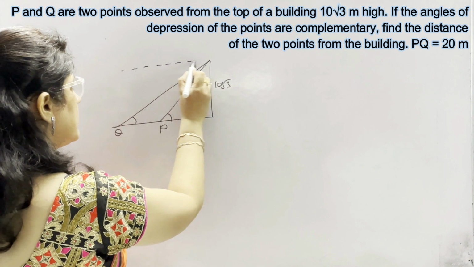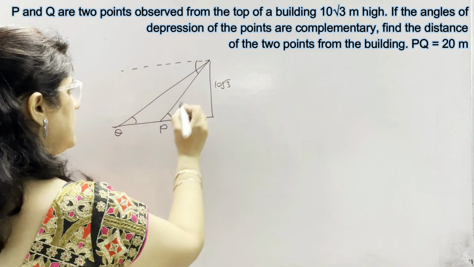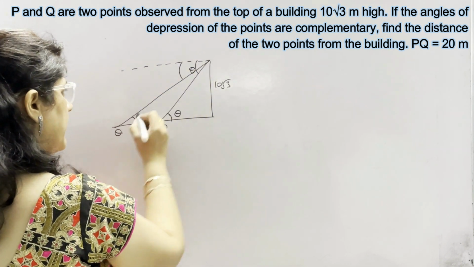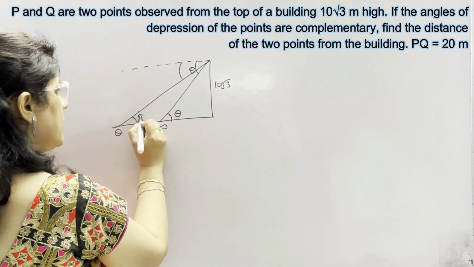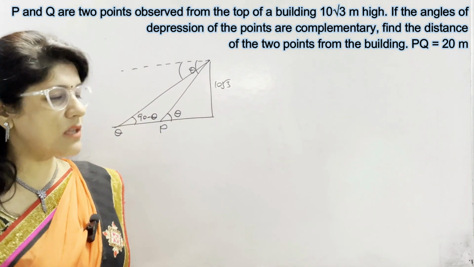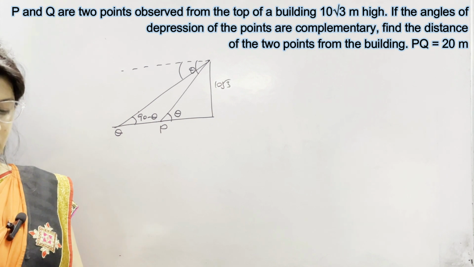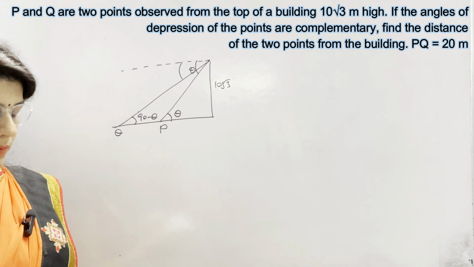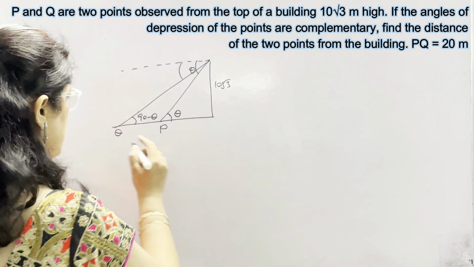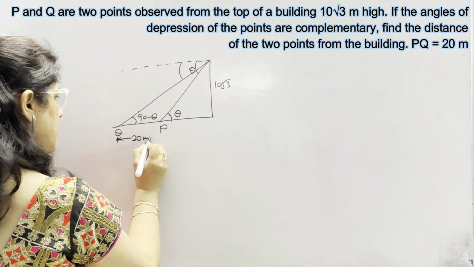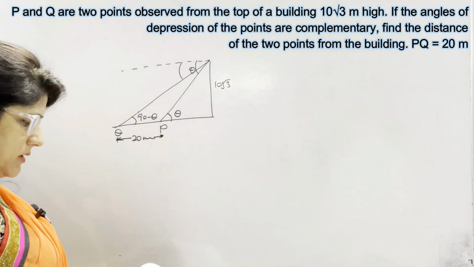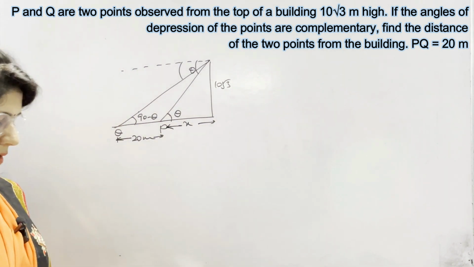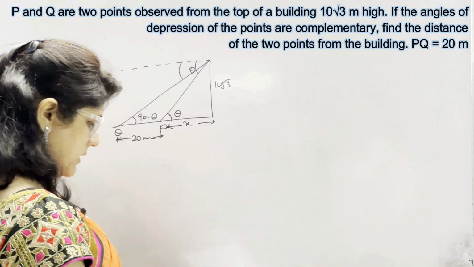It means if one angle is theta, then the other angle is 90 minus theta. The sum of these two angles is 90 degrees. Find the distance of the 2 points from the building. PQ distance is given as 20 meters, and we need to find the distance of these 2 points. We can take this distance as x. Let the distance be x from the building.